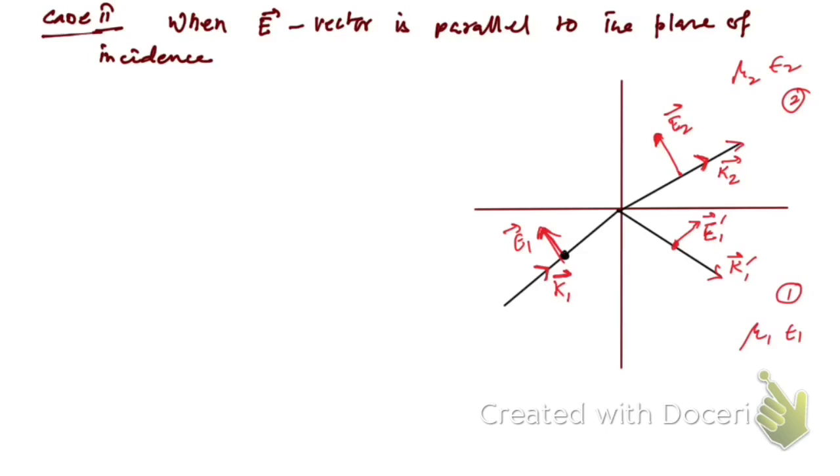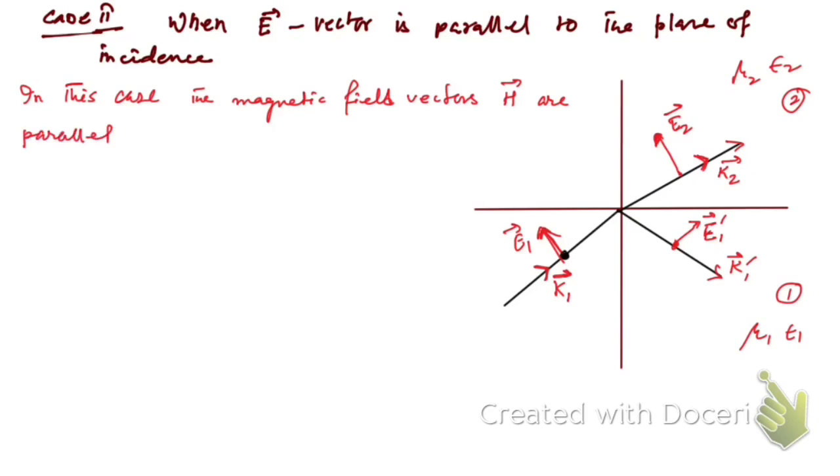So what we can do here now, we're going to write that in this case the magnetic field vectors are parallel to the boundary surface.